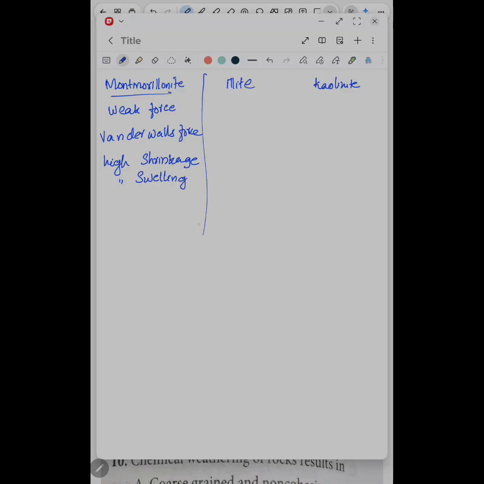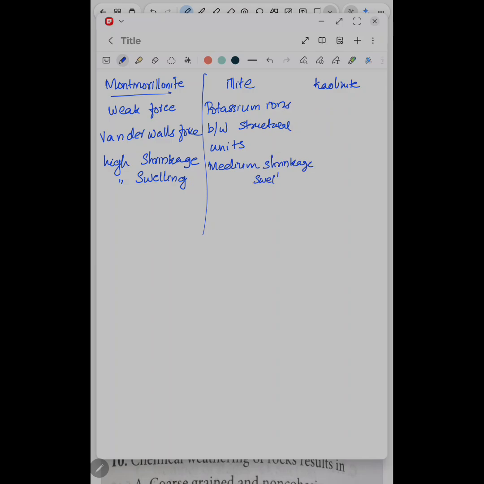Next, in case of illite, potassium ions are there in between the structural units. So here the shrinkage and swelling is medium.